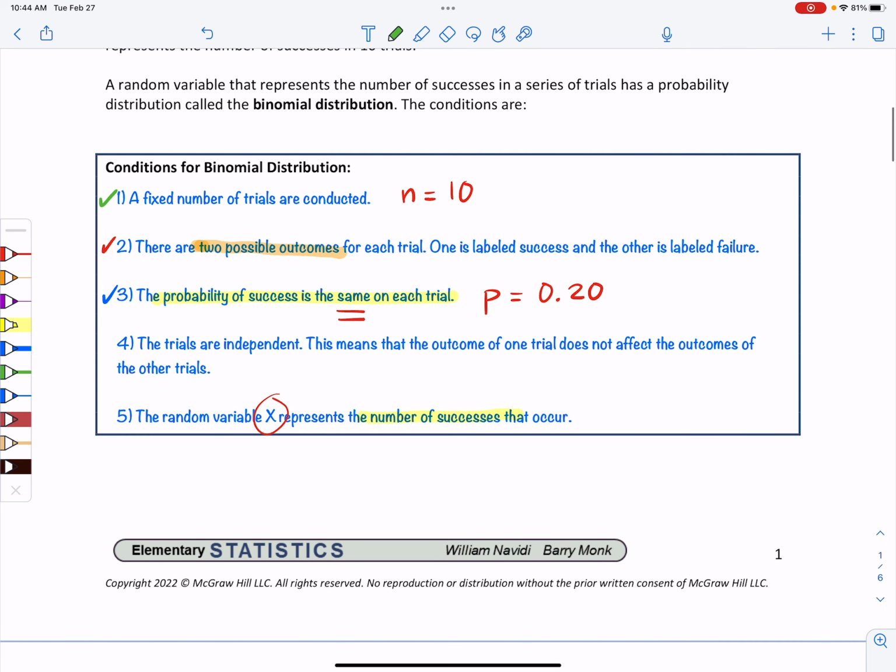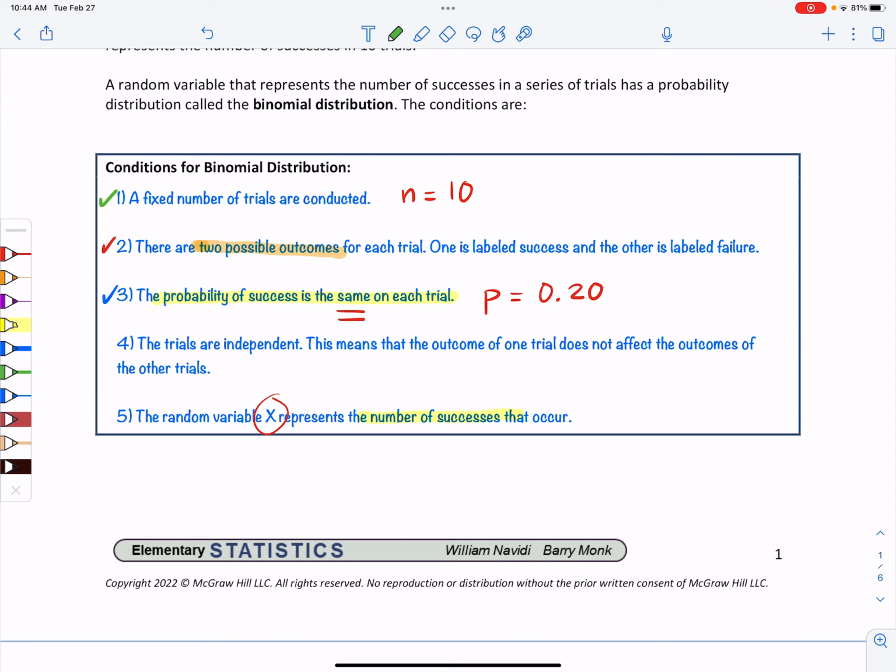And then last thing here, just a quick check of 4 and 5. The trials are independent, right? When you flip a coin, your outcome the first time has no effect on what happens the second time. In other words, we could get heads all 10 times, or it could flip back and forth. Heads, tails, heads, tails. It's completely random. So one is not affecting the others.